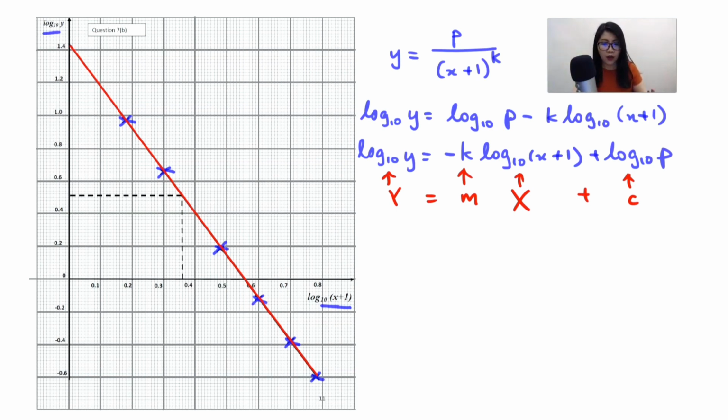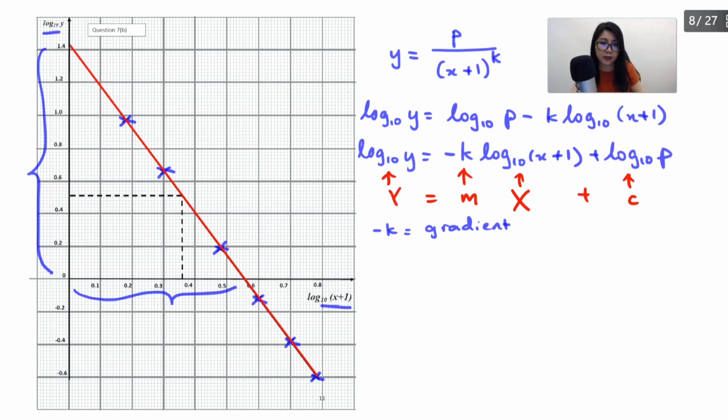So for number 1, we need to find the value of k. So negative k is the gradient. Okay, so the gradient is negative k. So negative k is the gradient of the graph. So we find the gradient. Okay, so to find the gradient, I'm going to use the difference in the y axis here to here, over the difference in this.